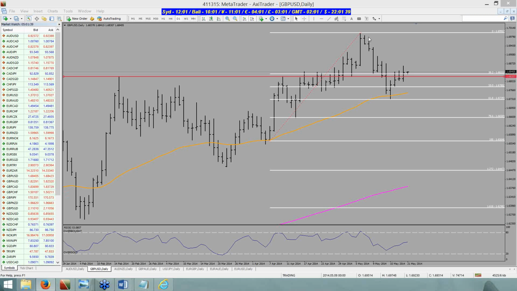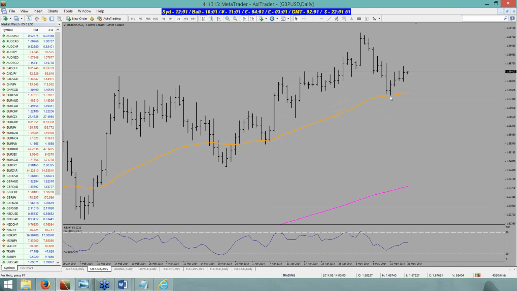For example, during this period here, the pound was clearly in phase 2. If I delete that out of the way so we can have a look at it, there was no divergence here from this point on. Let me just say we're looking after this day here.